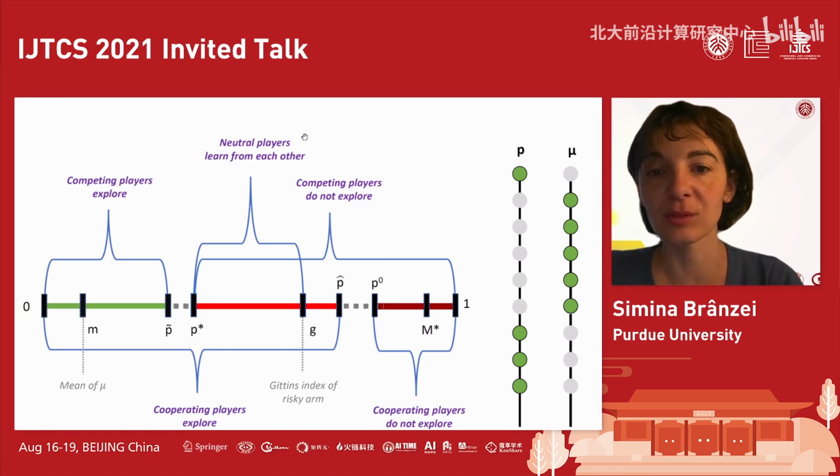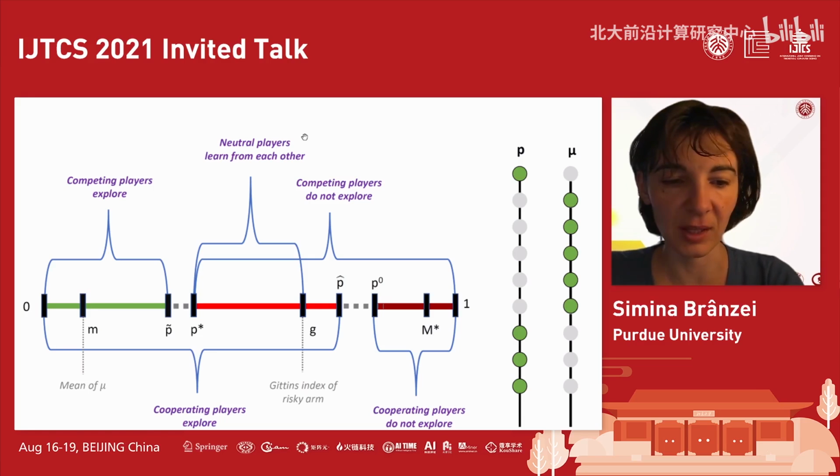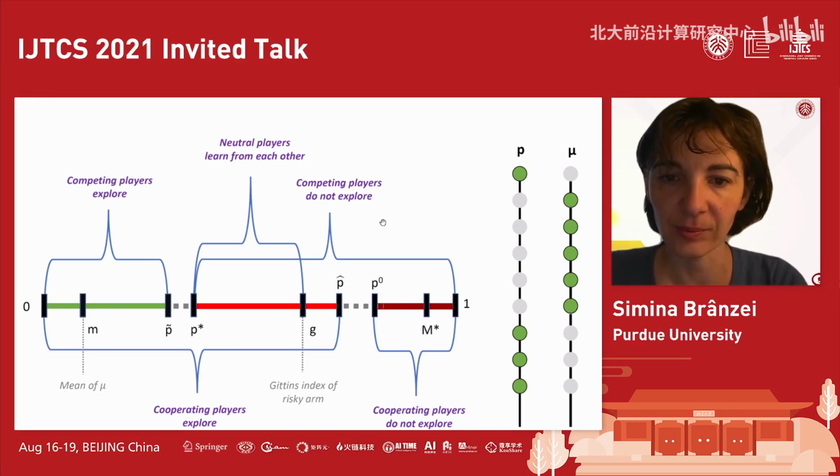So it's different from the mean. It's actually higher than the mean if the prior is not a point mass. And the motivation, this comes from statistics, and it's very useful because it says what is the optimal strategy for one player playing K arms. The player should pull the arm with the highest Gittins index in each round.